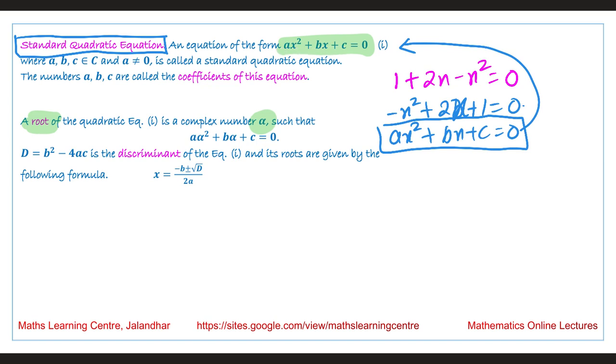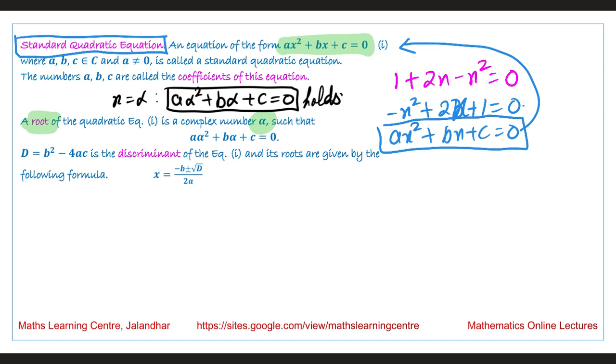Which satisfies this equation means that if I substitute x is equal to alpha, that is a alpha square plus b alpha plus c is equal to 0. If this thing holds, then we say that alpha is a root of this equation.